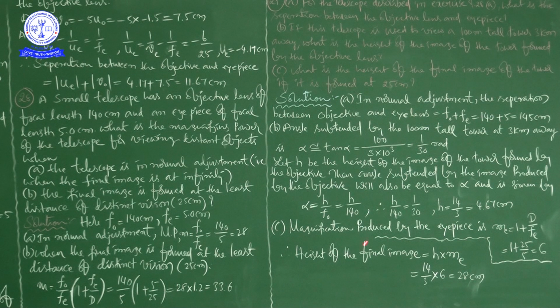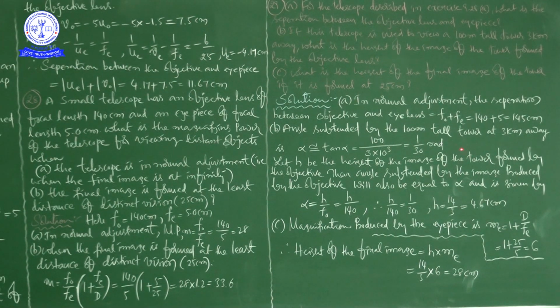The angle is 1 by 30 radians, but finally what he is asking, the height of the image of the tower formed by the objective lens, is 4.67 centimeters.